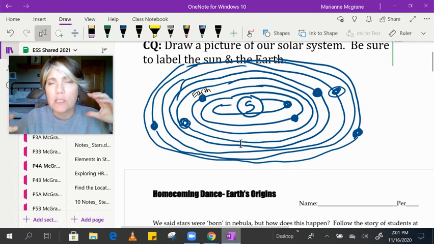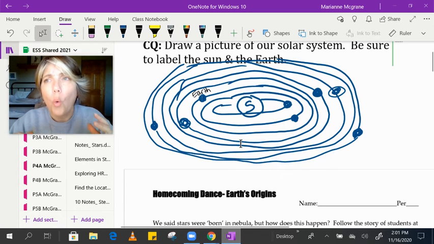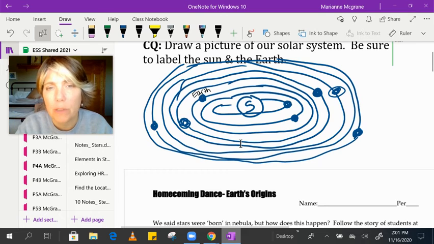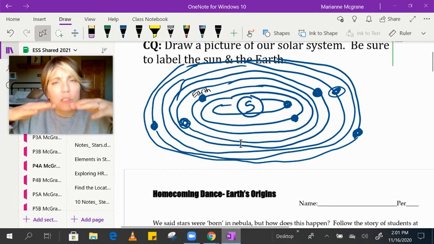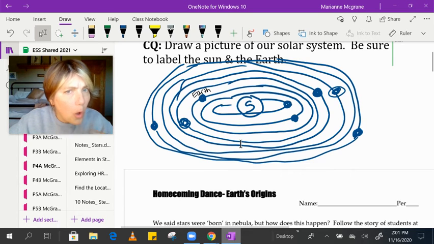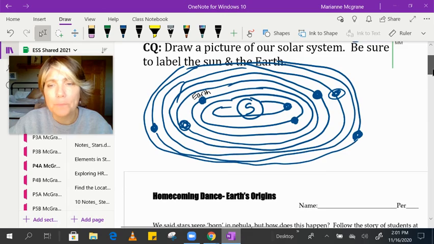Everything else has either been smashed into smithereens or been hit and knocked out of our solar system within the last 4 billion years, so that we have this nice organized solar system that you see today. But it's been a long process in order to get to the point where we are now.